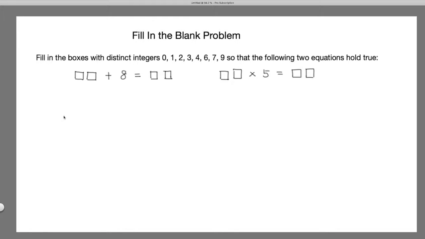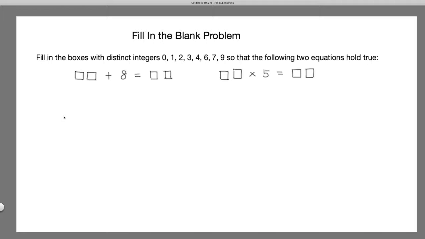In this video, we're going to look at another fill-in-the-blank problem. The problem states: fill in the boxes with distinct integers 0, 1, 2, 3, 4, 6, 7, 9, so that the following two equations hold true.